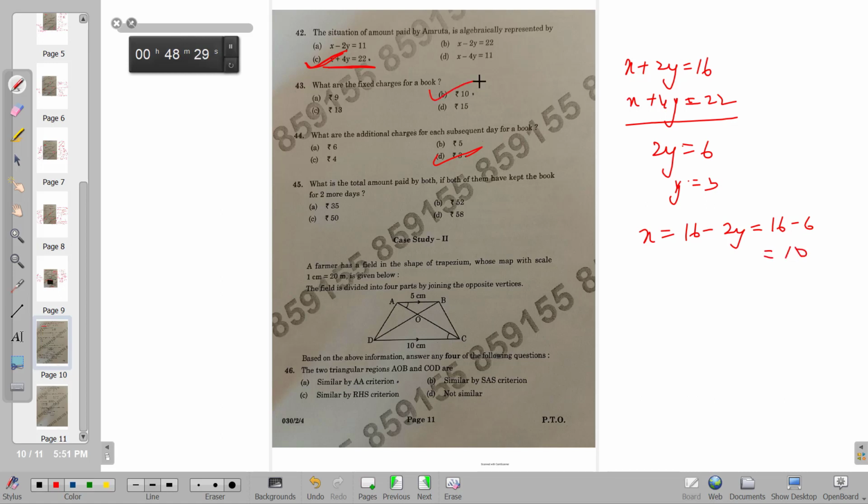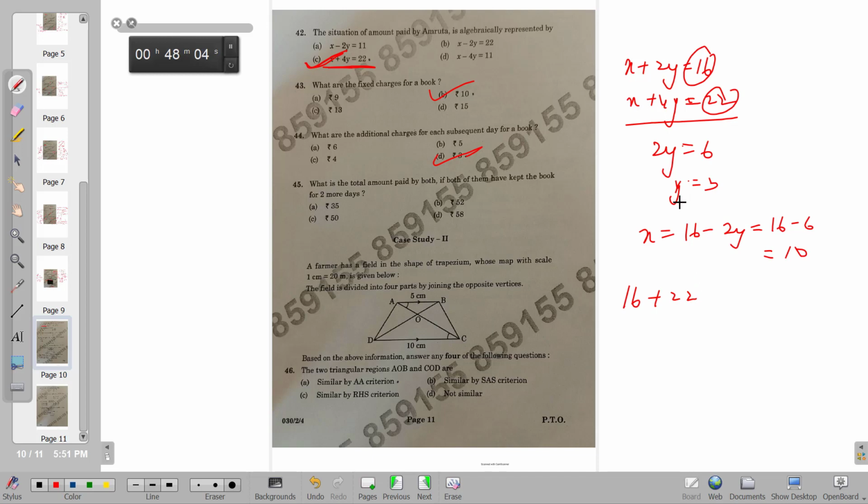What is the total amount paid by both if both of them have kept the book for 2 more days? Already they have paid 16 rupees, 22 rupees, right? So 16 plus 22 is already there.